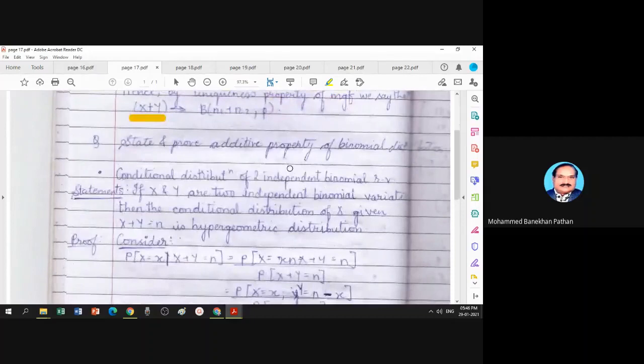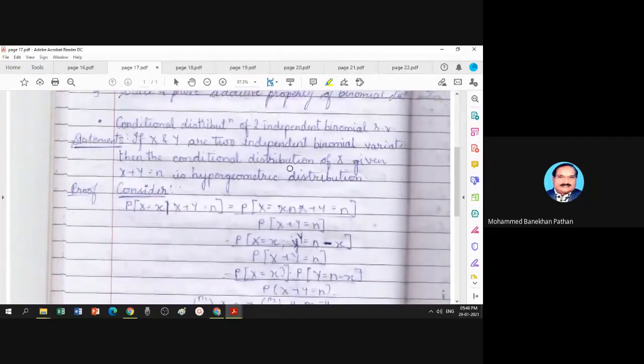Now we proceed to the last theoretical topic related with binomial distribution, that is under the heading of conditional distribution of two independent binomial random variables.